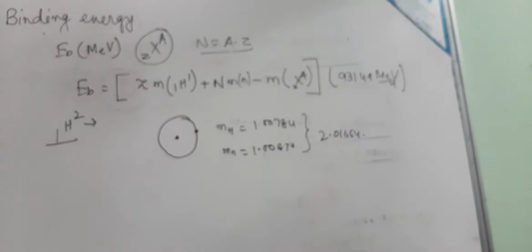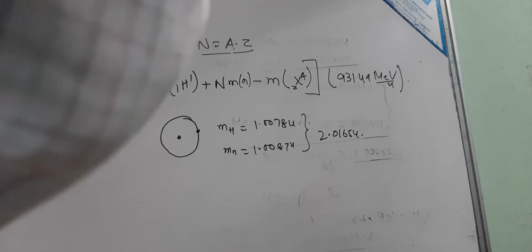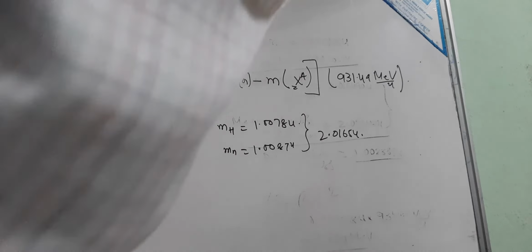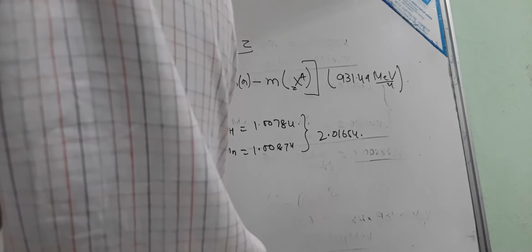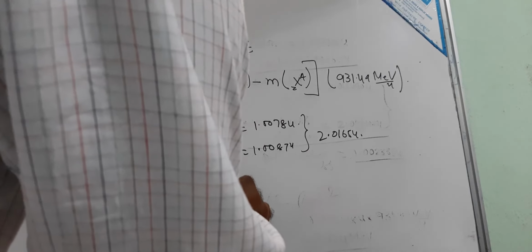Therefore the sum is 2.0165 U. But in the deuterium atom, there is one proton and one neutron inside the nucleus, and one electron revolving around it.